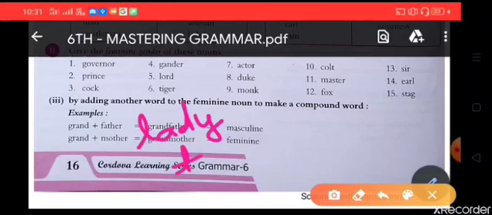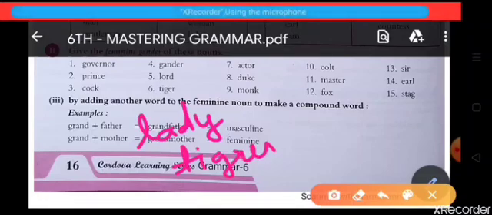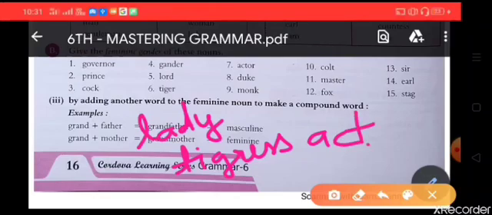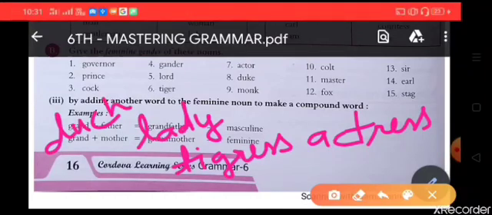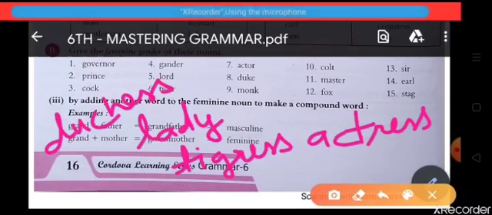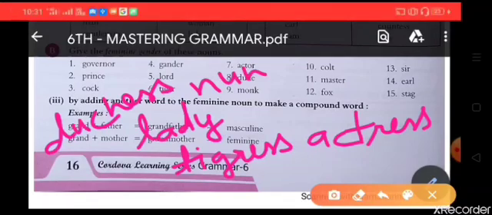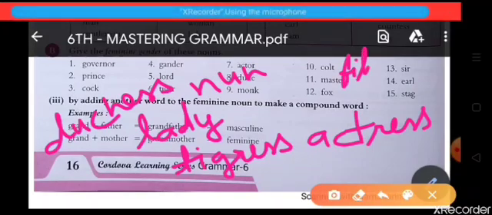Tiger, tigress. Actor, actress. Duke, duchess. Monk, nun. Colt, filly.